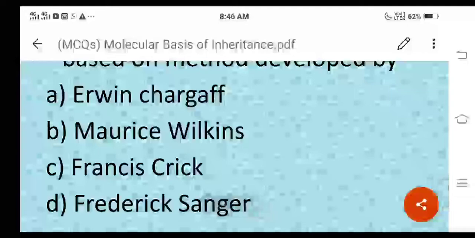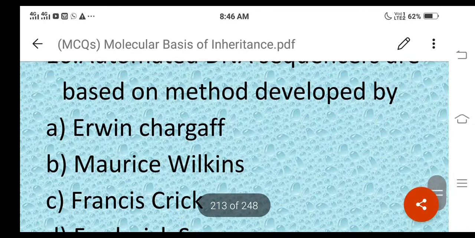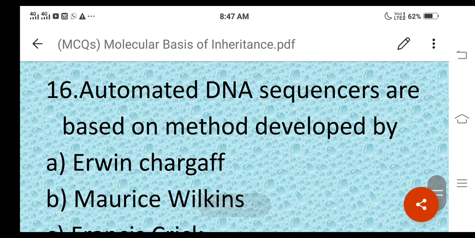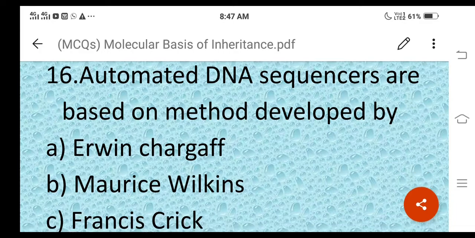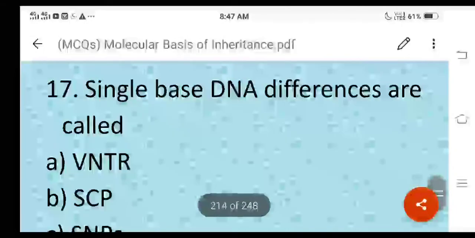It is based on the method developed by Frederick Sanger, who also developed the method to separate the amino acids in a protein. Frederick Sanger only. Option D is the correct answer. Then let us move on to the next question.